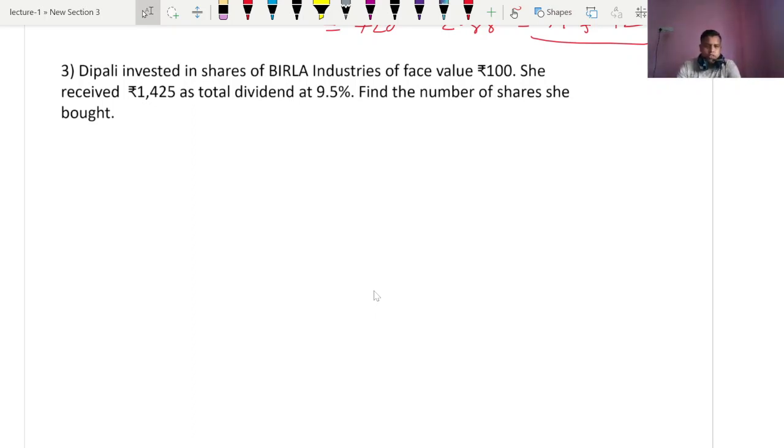Deepali invested in shares of Birla Industries of face value 100 rupees. She received 1425 rupees as a total dividend at 9.5%. Find the number of shares she bought. So total dividend is 1425.